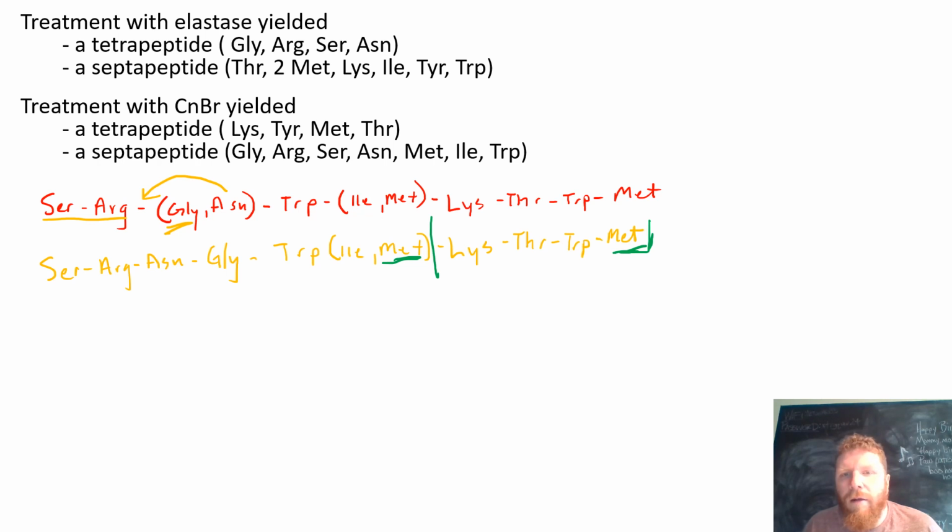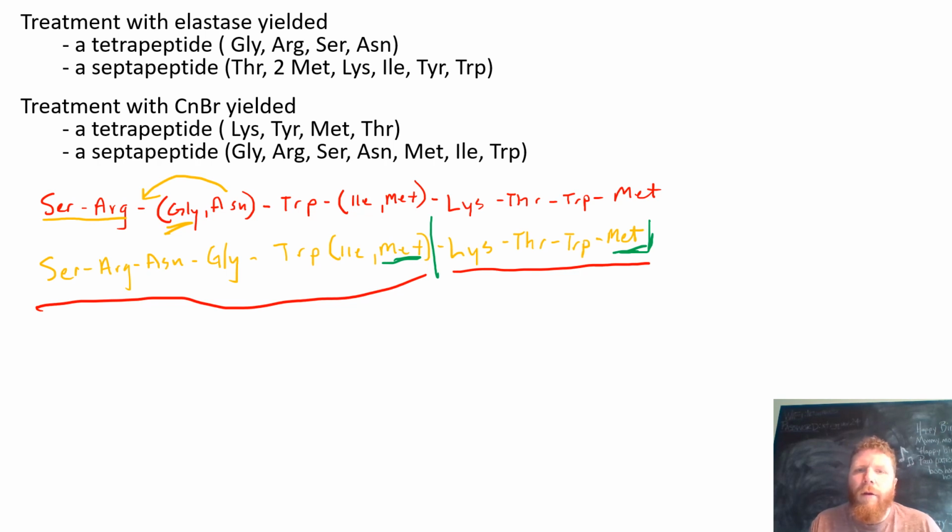If methionine is followed by lysine, we will get two products. Here is one. I'm going to underline it in red. And here is the second one. Now, in the event that methionine is followed by isoleucine, well, then we have a sequence that is ILE, lysine, I'm going to switch to single letter codes here, threonine, tryptophan, methionine. Is that what we get from our products? No, we get a tetrapeptide, which is lysine, tyrosine, methionine, and threonine.